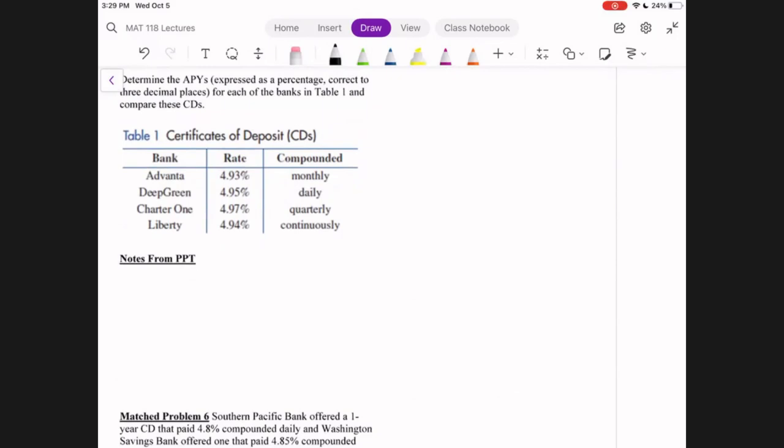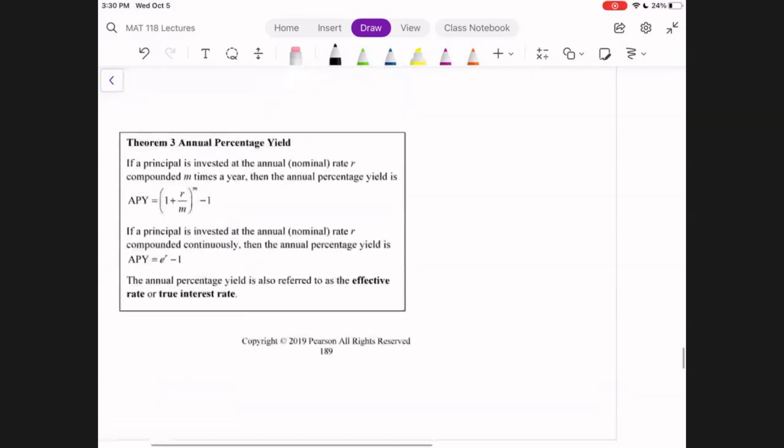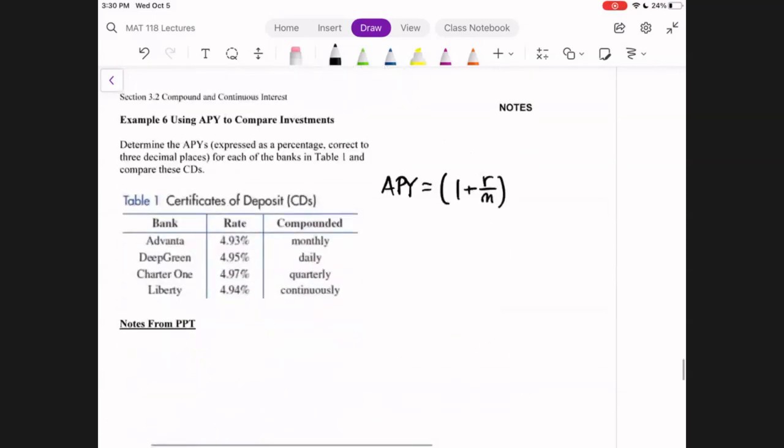So I want to compare which one would be the best. So I just compute the annual percentage yield for each one. Remember, the annual percentage yield for things that are not computed continuously is going to be 1 plus your rate over the number of times per year, they use m for that, raised to the m, minus 1.